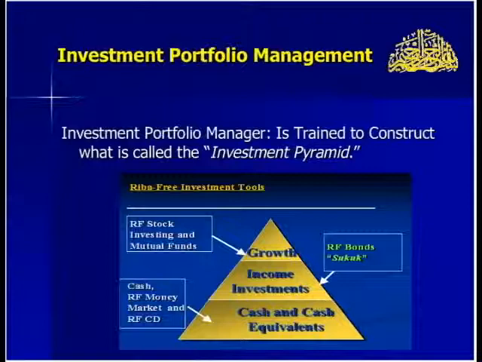So income generating activities can be government bonds. You know, the United States government issued bonds at a certain rate. These are riba-based bonds, but of course there is a riba-free government bond which is based on sukuk. For instance, the government of Malaysia issued a number of asset-based sukuk, and the asset in this case would be a highway taking you from downtown Kuala Lumpur into the new international airport.